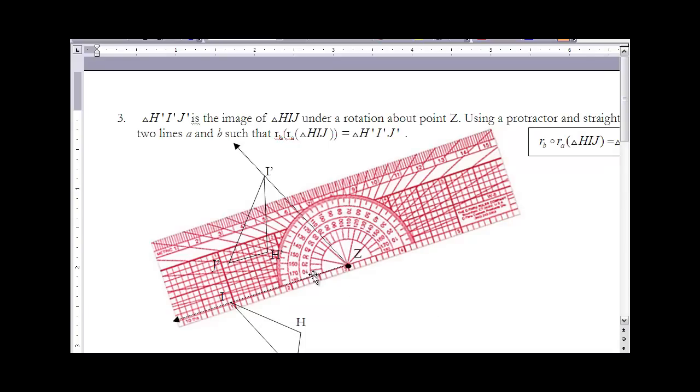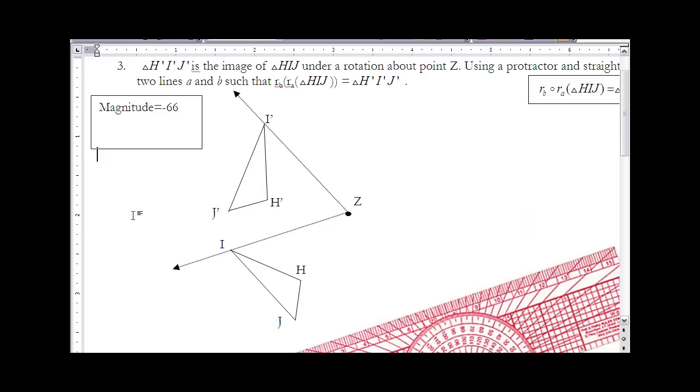When I measure that angle, it looks as though I'm getting about 66 degrees. So that figure was rotated 66 degrees. Therefore the magnitude of my rotation is negative 66 degrees, because we're going from the pre-image to the image, and the direction is clockwise, therefore a negative rotation.